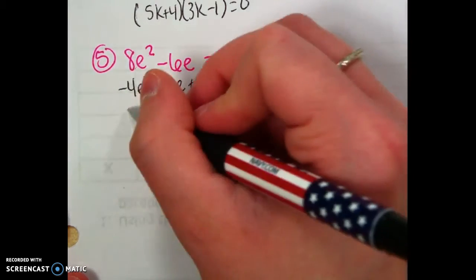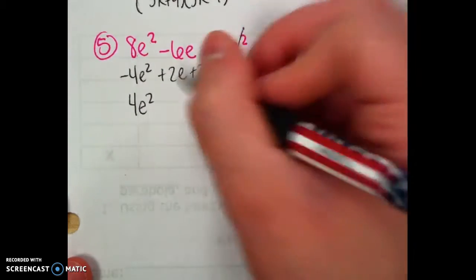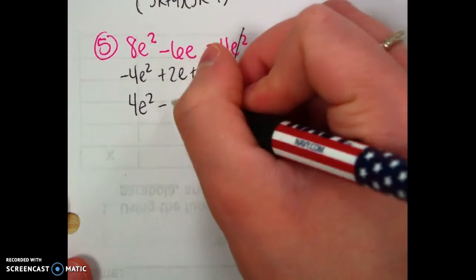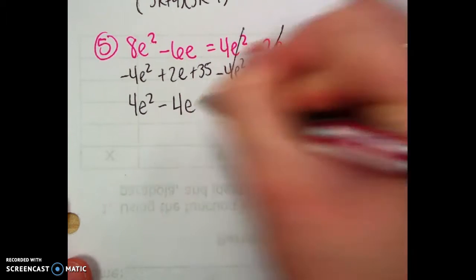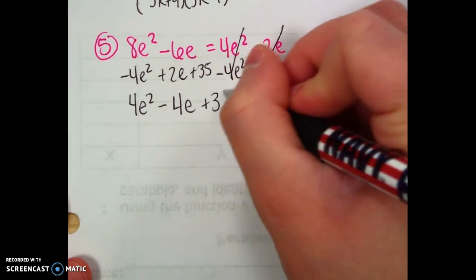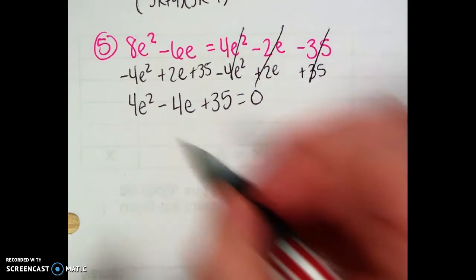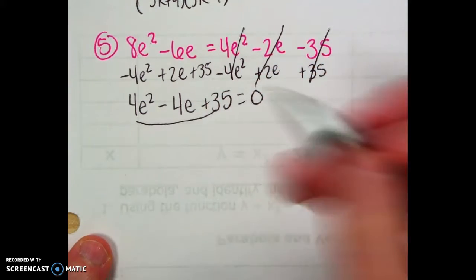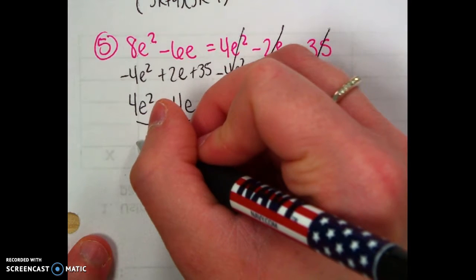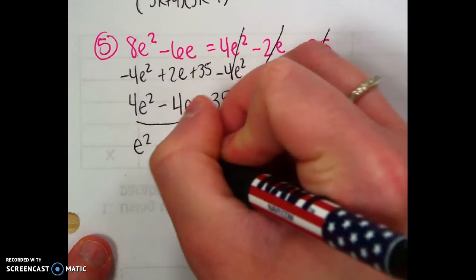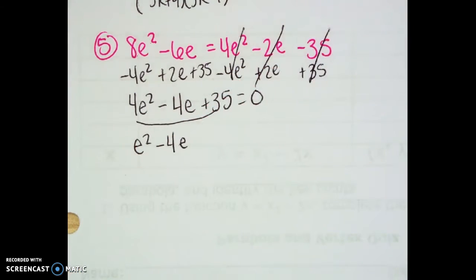Okay, let's see, that would be 4e squared minus 4e plus 35. Okay, slide this over. So that would be e squared minus 4e, and 35 times 4 is 140.